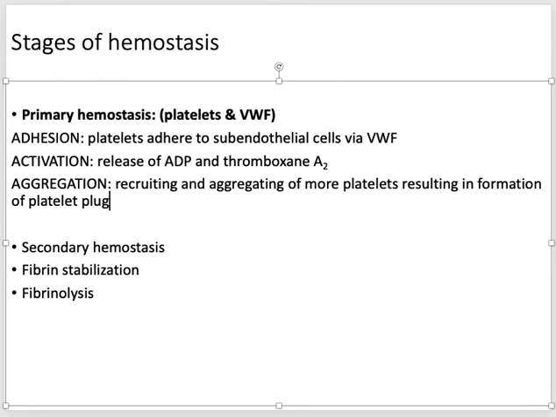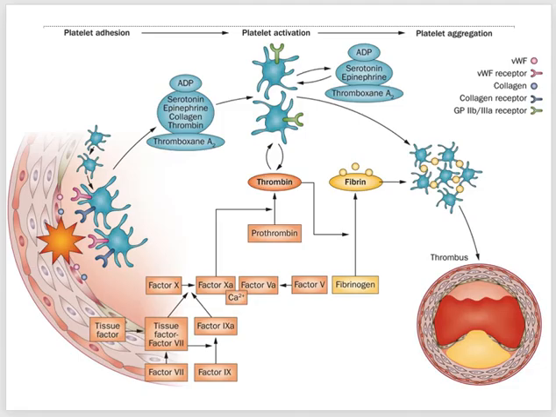So this is all primary hemostasis. The damage is done, and endothelial cells release collagen and von Willebrand factor. They recruit platelets, and the platelets are activated. There is a release of ADP and thromboxane A2, which activates the platelets, and more platelets are recruited and form a platelet clot.